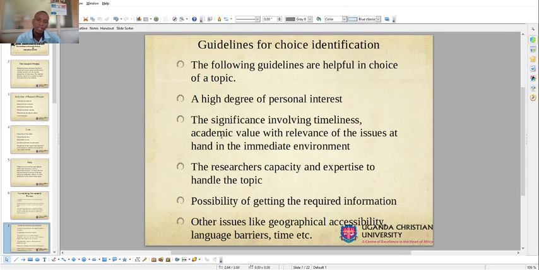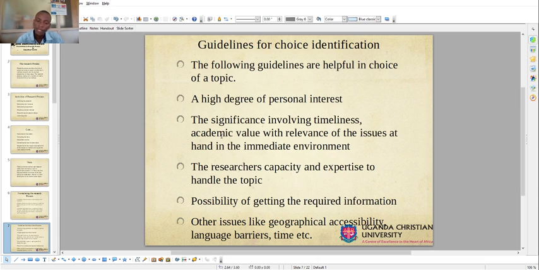Why? You can't give a clear judgment or a clear argument, discussion, etc. when you are not fully knowledgeable about the area. So it's better if you have some level of expertise in that area.